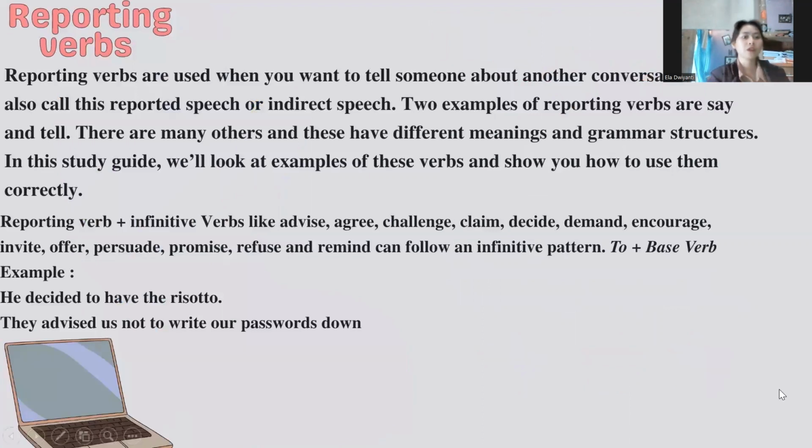Reporting verb. Reporting verbs are used when you want to tell someone about another conversation. We also call this reported speech or indirect speech. The examples of reporting verbs are say and tell.